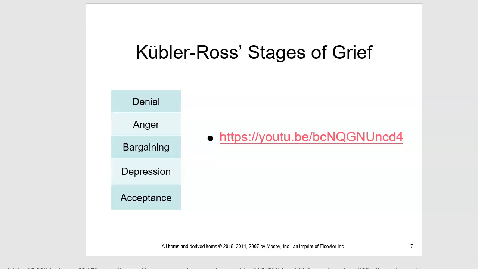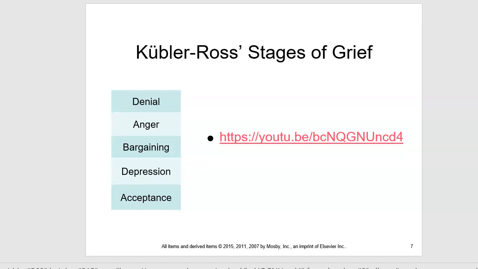During the depression stage is when a person realizes really that full significance of loss. And the person could feel overwhelmingly sad, lonely, and maybe even will withdraw from interaction with others.